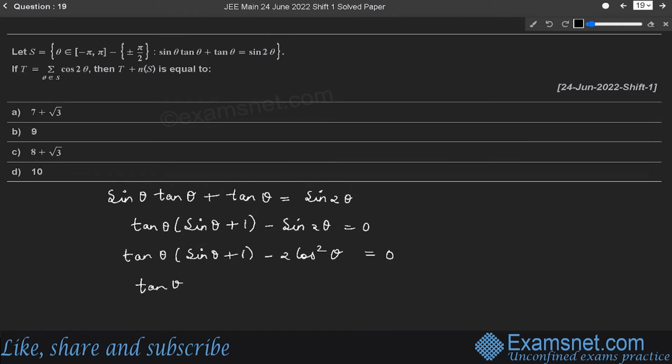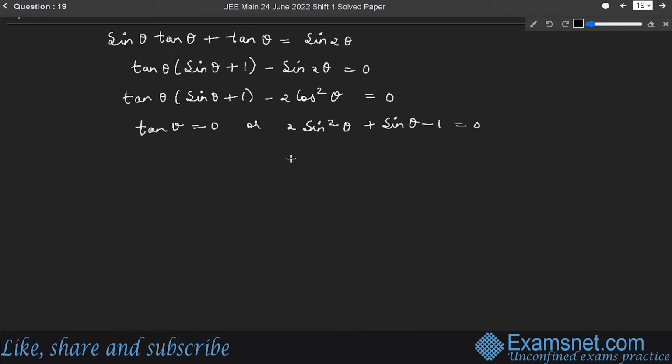Tan theta will be equal to 0, or 2 sine square theta plus sine theta minus 1 will be equal to 0. It implies that (2 sine theta minus 1) into (sine theta plus 1) will be equal to 0. So we can say that sine theta will be equal to 1 by 2 or minus 1.